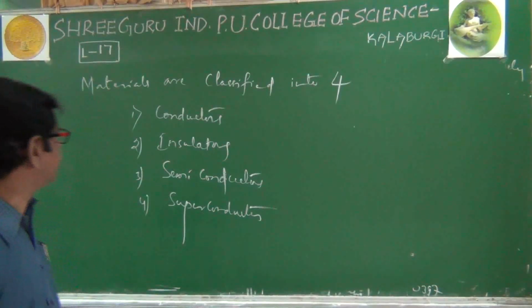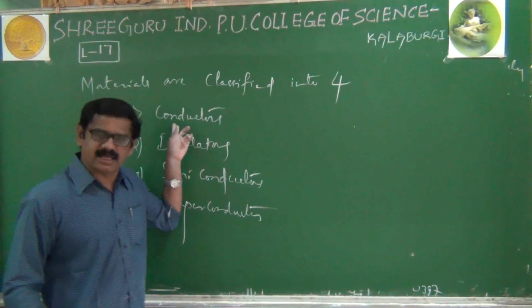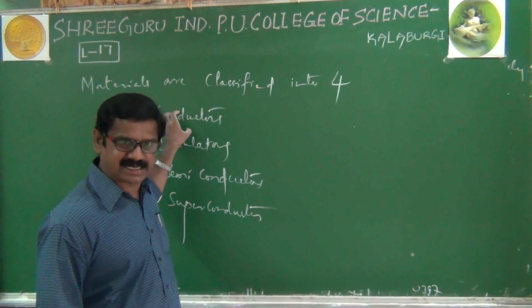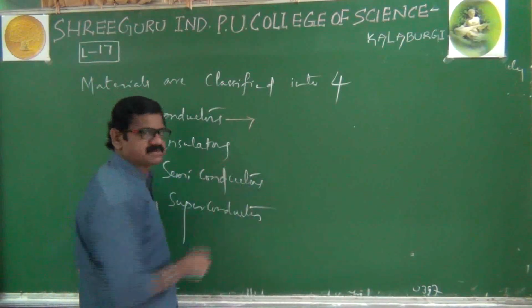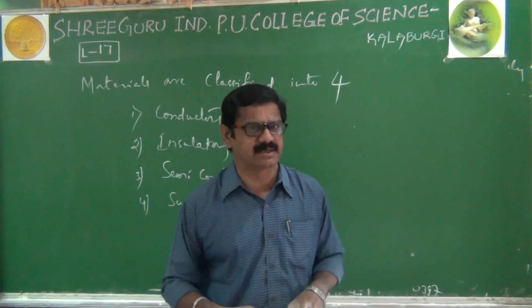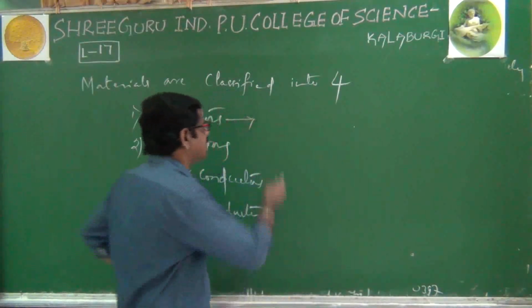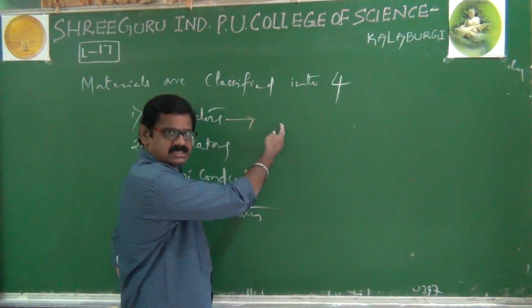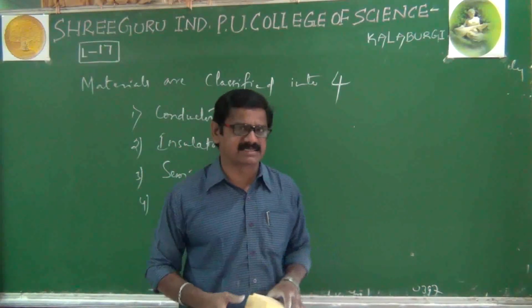First we'll see conductors. I think already in the last videos we have discussed these conductors. Once again, just recall. What are conductors? The substances which allow current to pass through them are conductors. As far as solid conductors are considered, examples are metals and alloys.